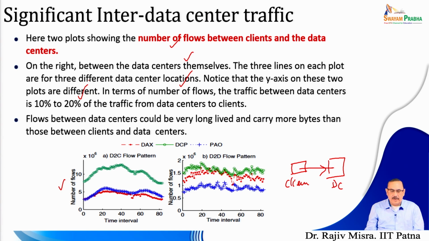Here you can see that this flow between the data centers could be very long lived and carry more bytes than those between the clients and the data center. Here you can see the data center to client flow pattern, the number of flows, and across different data centers, 3 different data centers are shown.